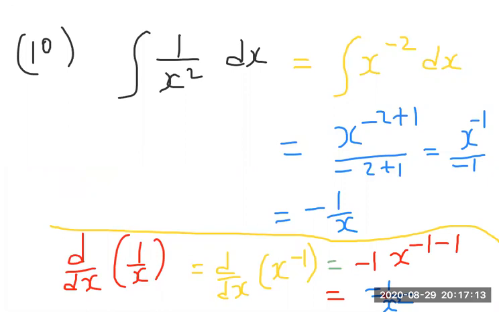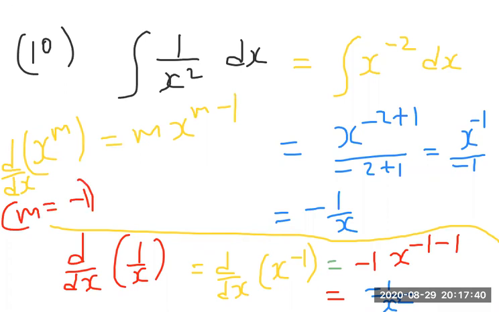Observe, beta, 1 by x, d by dx of 1 by x is there. x goes to the numerator, meaning x power minus 1. So the actual formula for differentiation I just told you: d by dx of x power m is m into x power m minus 1. Comparing these two, what is the m value, beta? Yes, m value is minus 1.